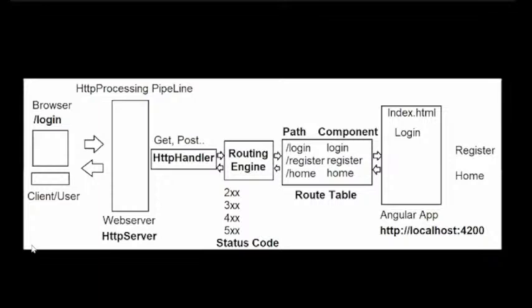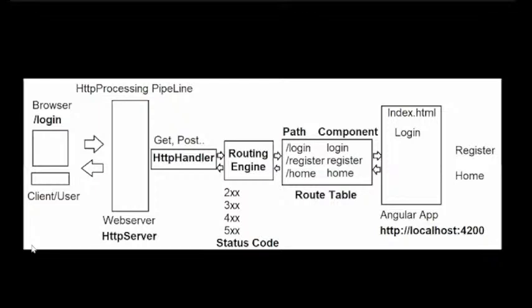So a component has several phases between start and end. Those phases are called life cycle hooks, which we will see now. What are those phases, and when which action is performed, we will see.